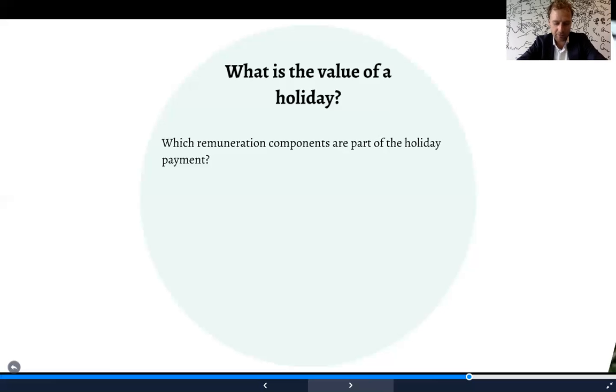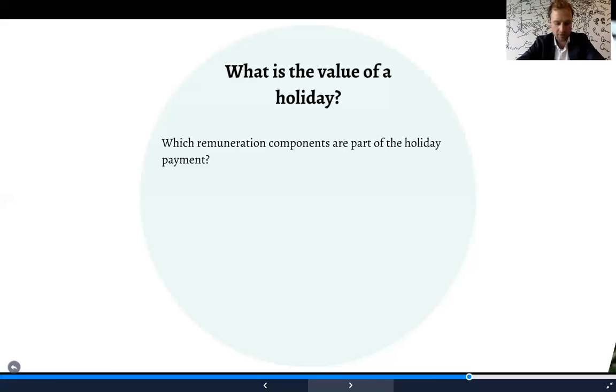This could be the case if certain allowances, if certain wage components will not be paid during a holiday. But it's important to know that if the employee takes a holiday during the employment, the payment should be the same as at the end of the employment. So most cases are focused on the termination of the contract, and then there's an account for outstanding holidays, and the value of a vacation day is the same at the end of the contract as during the contract.